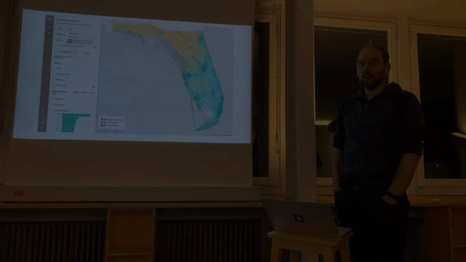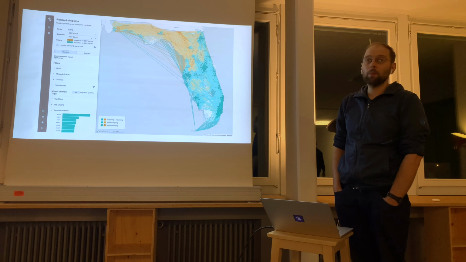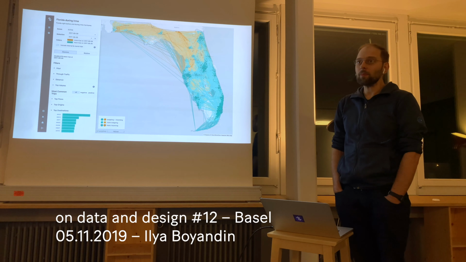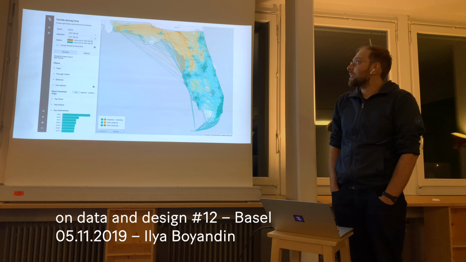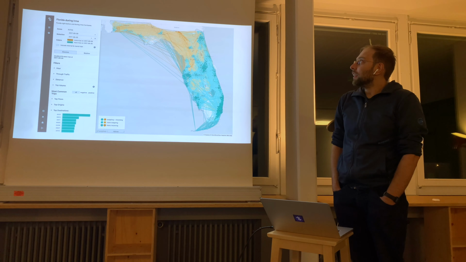So I'm Ilya. I will speak about visualizing mobility. This is an example of what I'm working on at the company Teralytics, where I work. Here you see how the movement of people changed before and during Hurricane Irma in Florida.